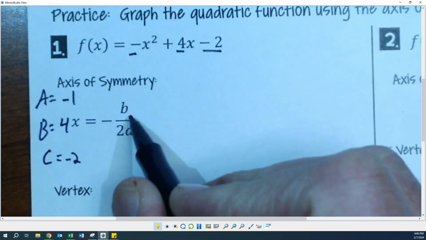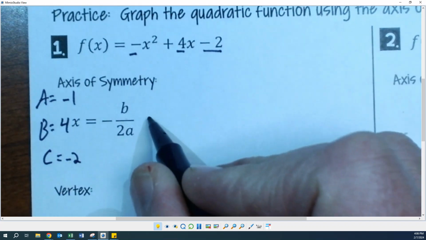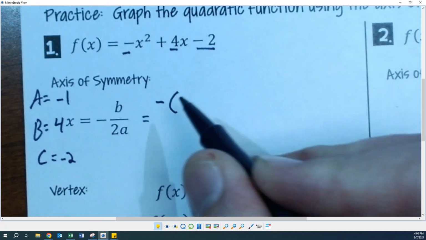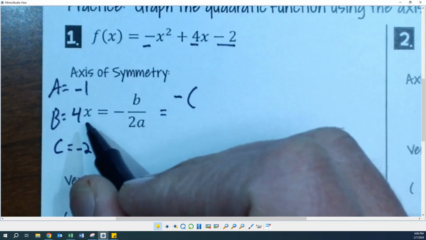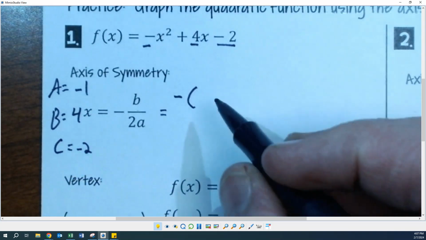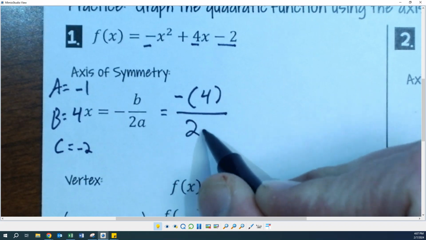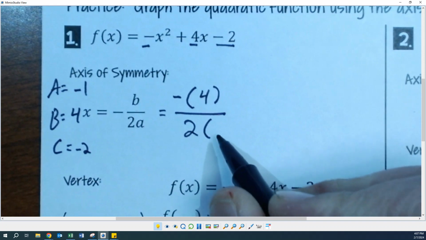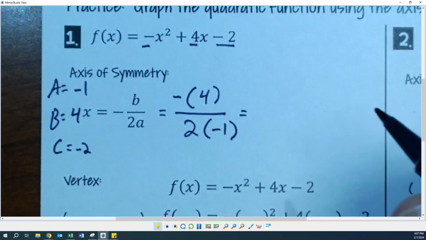For our axis of symmetry, we're only concerned about our a value and our b value. So what I like to do is make the top value negative b, and I substitute in for b what my b value is. So in this problem, b is 4 over 2, and my a value, which is negative 1. Let's go ahead and do some arithmetic.